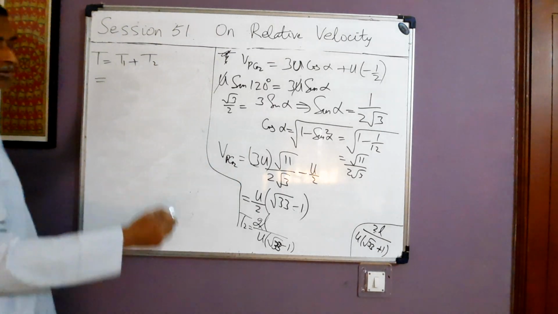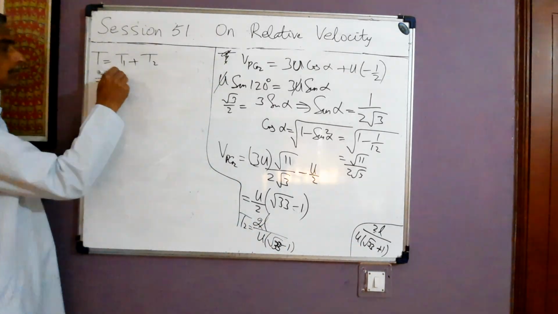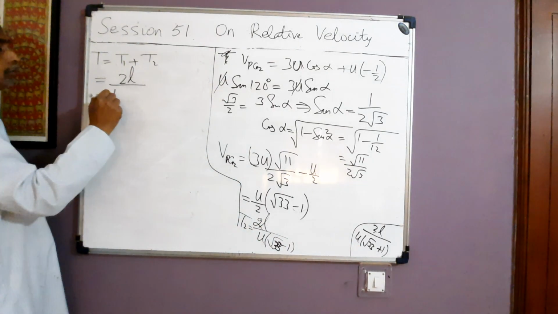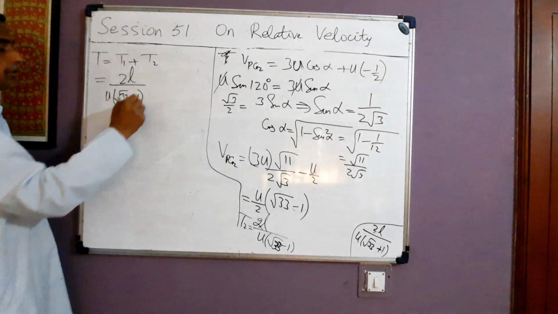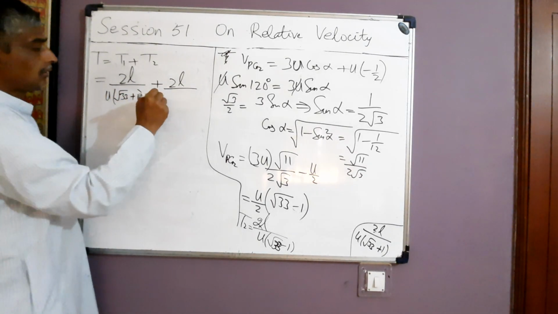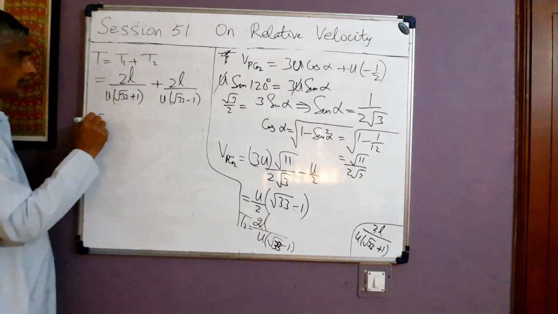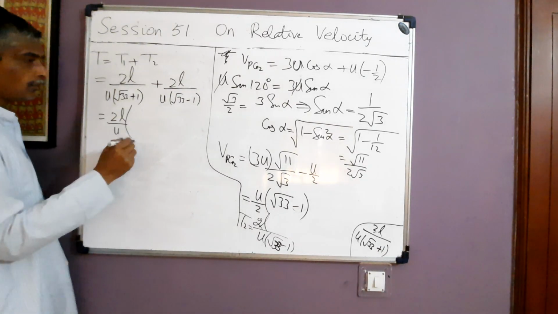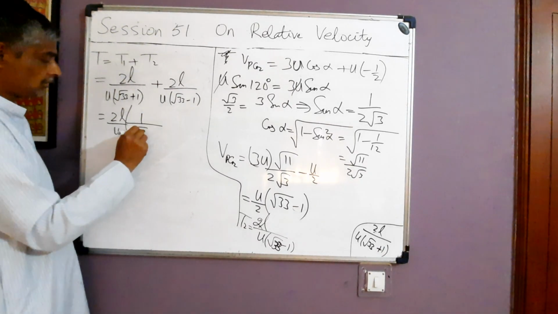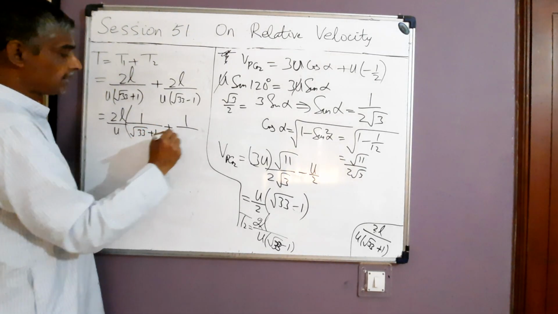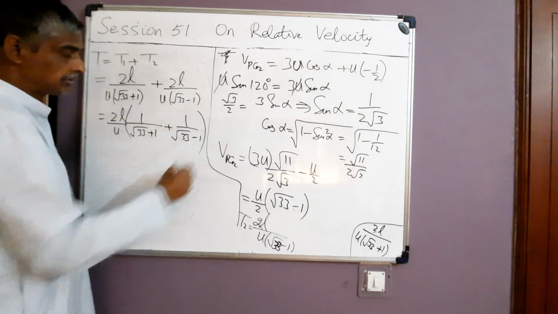T1 becomes how much? This T1 I have written here: L by u (root 33 plus 1). And T2 is L by u (root 33 minus 1). So this becomes L by u common, 1 by root 33 plus 1 plus 1 by root 33 minus 1.